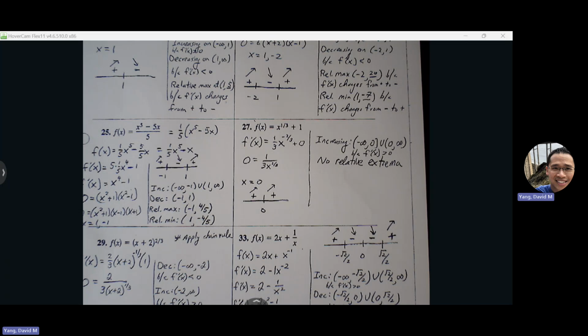The only critical point we find is from the denominator. So we set that denominator to 0. We're going to get 0. On either side of 0, our slope is going to be positive because the squared is causing everything to be positive there. So increasing. I think it's safer to always separate. Even if you see two of the same signs, go ahead and separate at that vertical point.